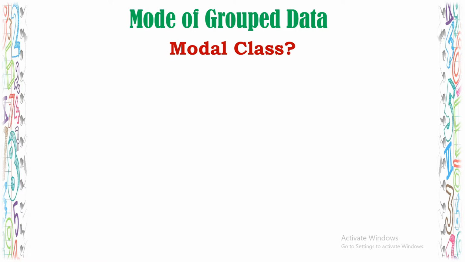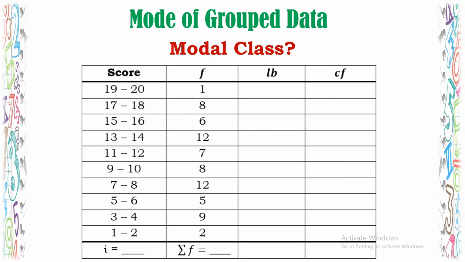It is simply the class containing the highest frequency. Now, what if we have a grouped data with two or more class intervals with the highest frequency, like this? Can we still use the mode of grouped data we discussed last time?